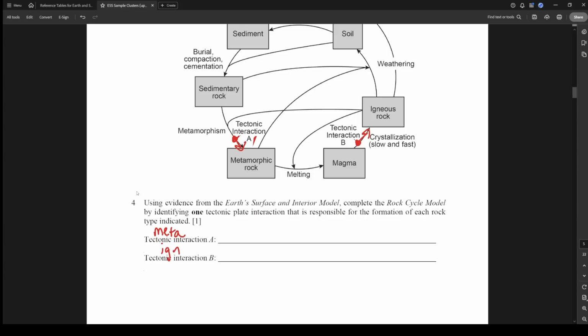This is pure content. I want to make metamorphic rock, and metamorphic rocks are found in areas with a lot of pressure. For a tectonic plate interaction that makes a lot of metamorphic rock, the best answer is some sort of mountain building. To make a mountain, you need convergent with two continental plates.